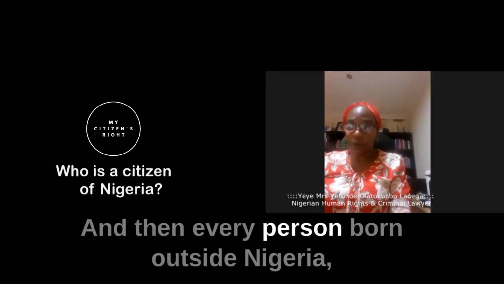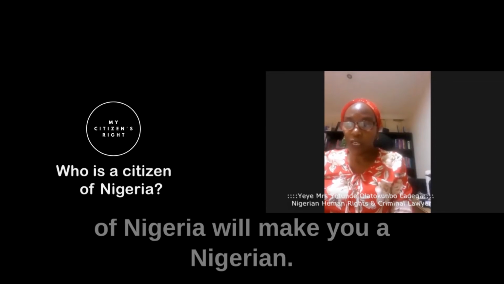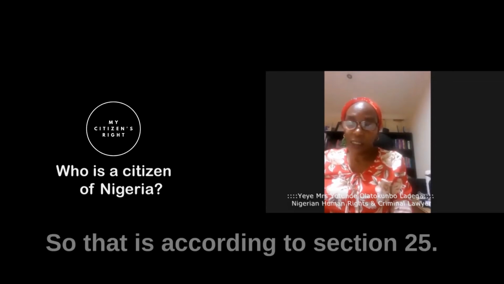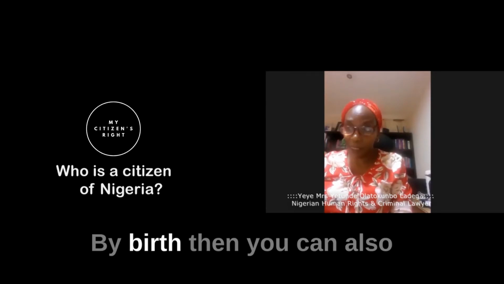And then every person born outside Nigeria, either of whose parents is a citizen of Nigeria, is a Nigerian. That is according to Section 25, and that makes you a citizen by birth.